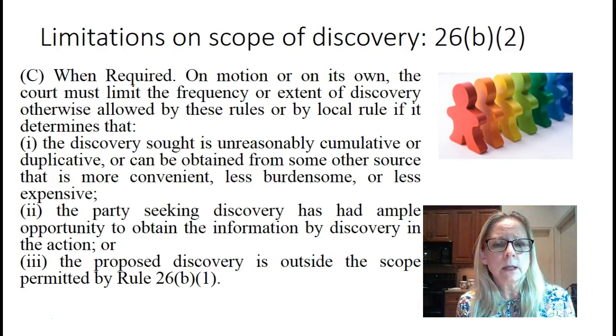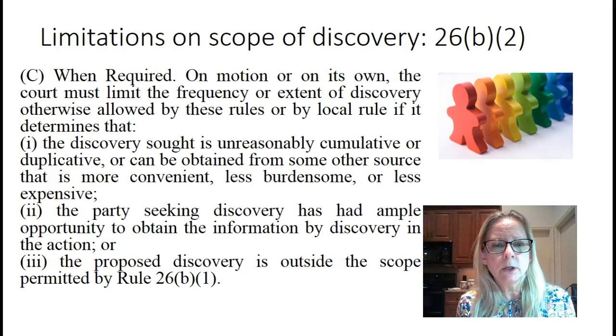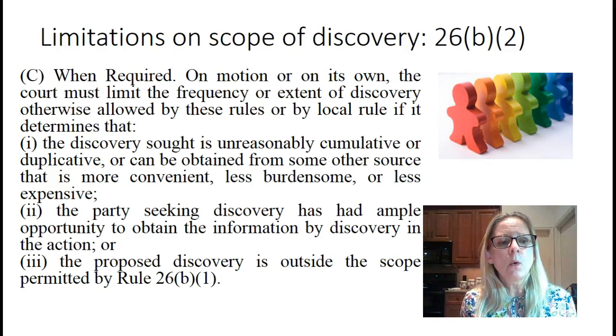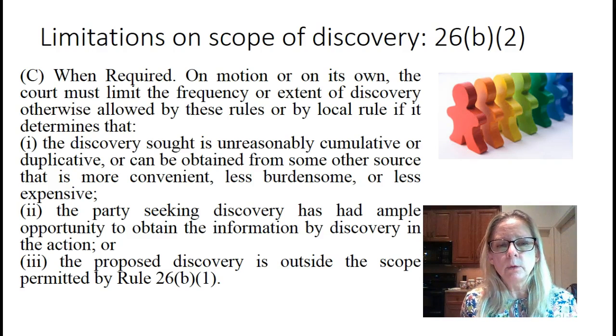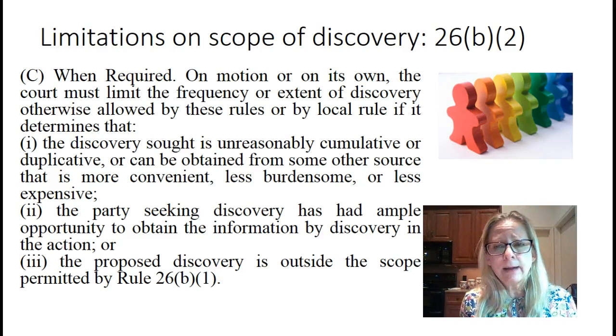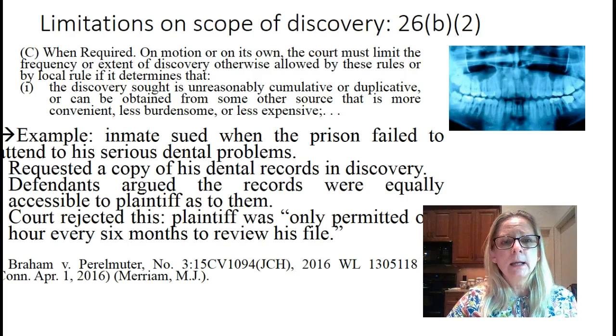Two, the party seeking discovery has had ample opportunity to obtain the information by discovery in the action. Or three, the proposed discovery is outside the scope permitted by Rule 26(b)(1), which simply reincorporates everything that we just talked about at the beginning that's in 26(b)(1): non-privileged, relevant, proportional to the needs of the case.